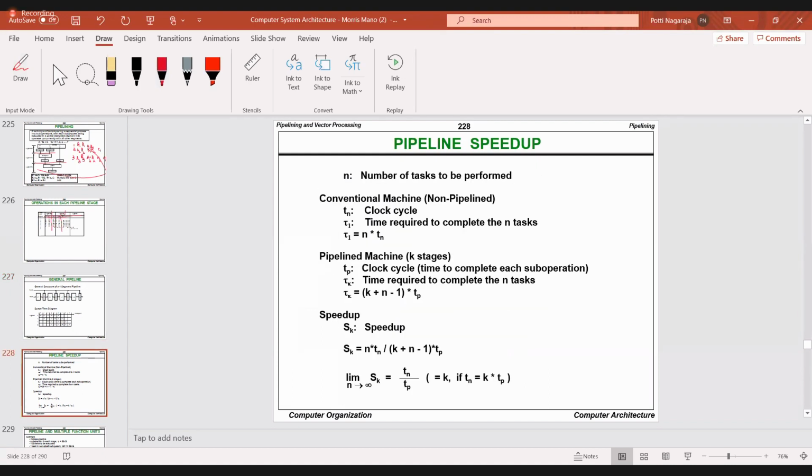And this is the speed up. To understand the speed up, you require these two formulas.